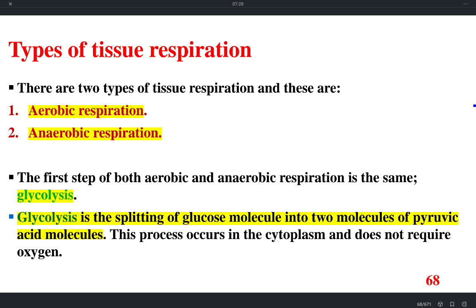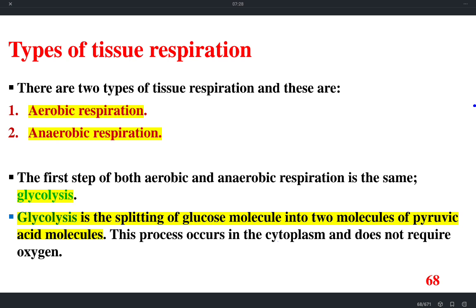Alright, so welcome to Form 4 Biology. We continue looking at the topic, the circulatory system in humans. Where we are coming from, so far we've looked at the definition of respiration.